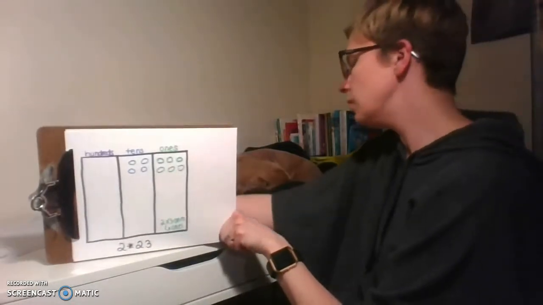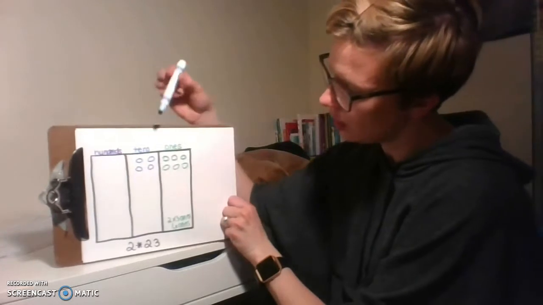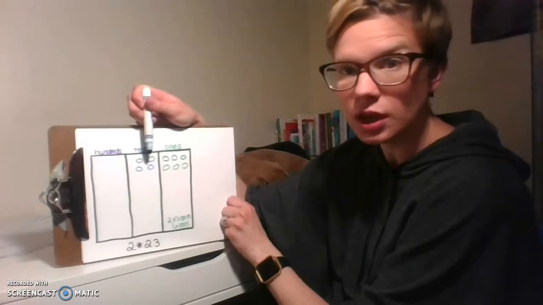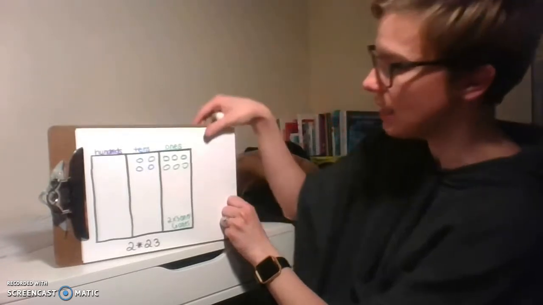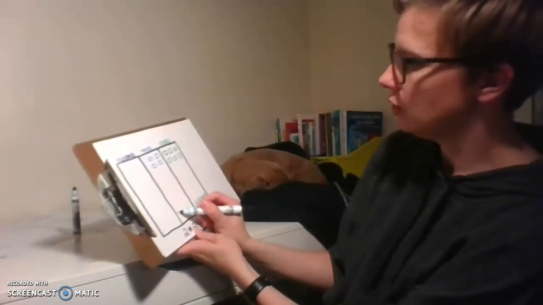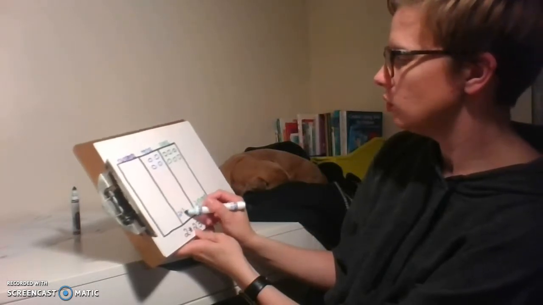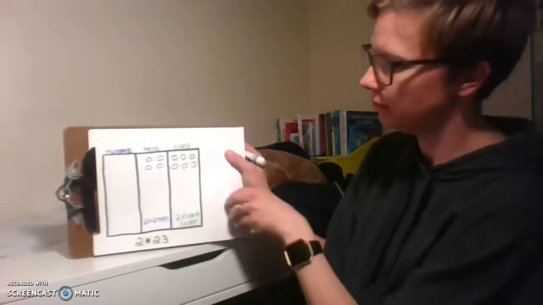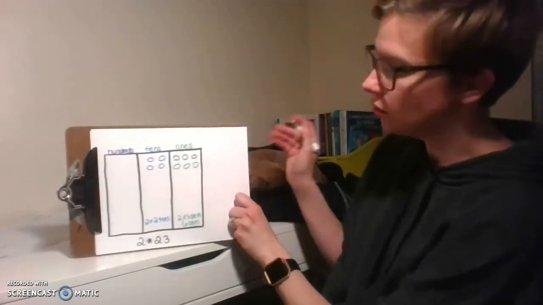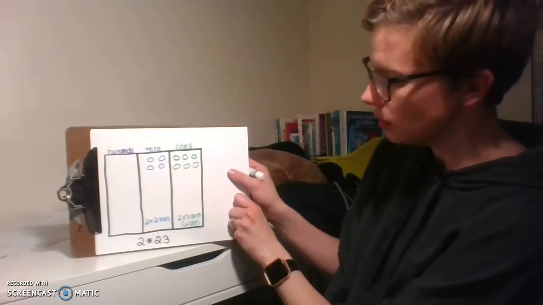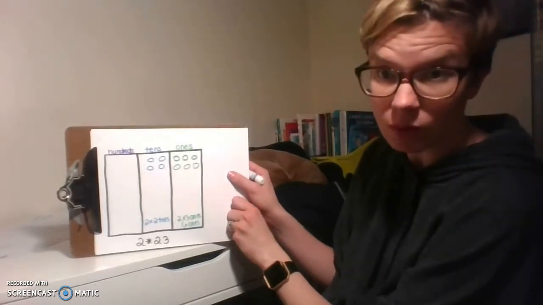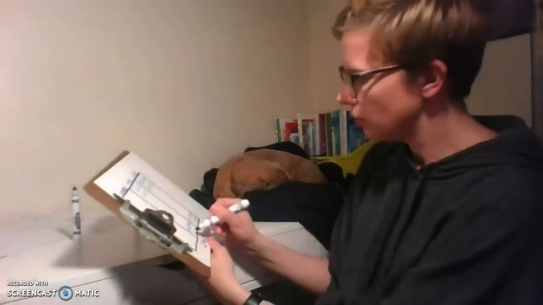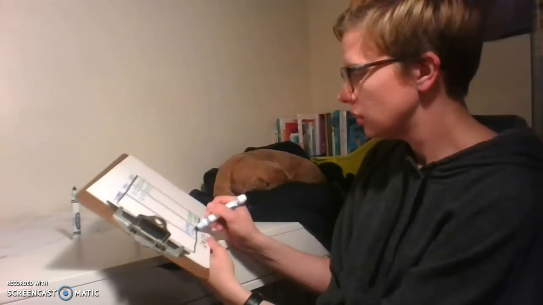When I move over to my tens place, I have 2 by 2, or 2 times 2 tens. Right? So 2 times 2 is 4. So I have 4 tens.